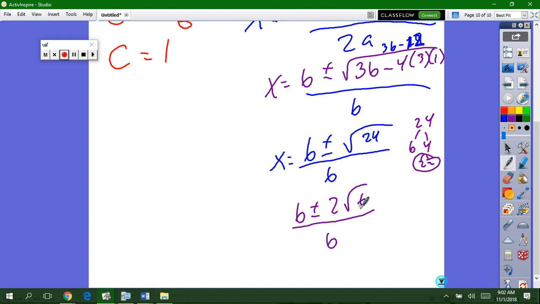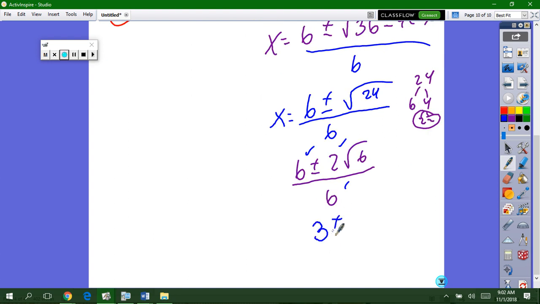No, that is a common mistake. Do not let that happen. Okay, only if they're on the outside. Boom, boom, boom. What do they all have in common? 2. So, you have 3 plus or minus root 6 over 3. Now, you guys that did it the other way, you would have negative 3 plus or minus root 6 over negative 3.